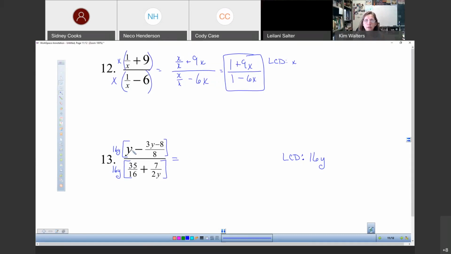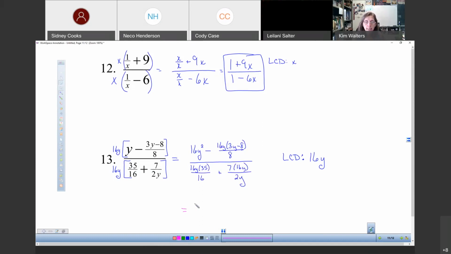Okay. So in this one, I'm going to have 16y times y is going to give me 16y squared minus, and I'm going to multiply 16y times this 3y minus 8 over 8. We're going to simplify that in a second. Okay. Here I have 16y times 35 over 16. I like to do this where I'm not actually multiplying this out because I think it helps me to simplify it, okay?